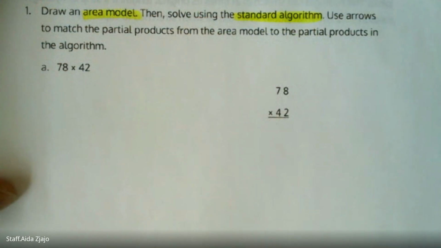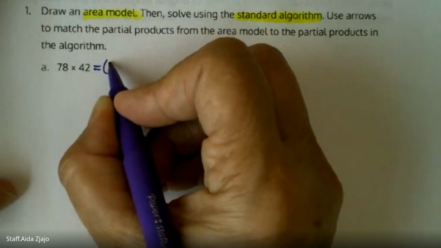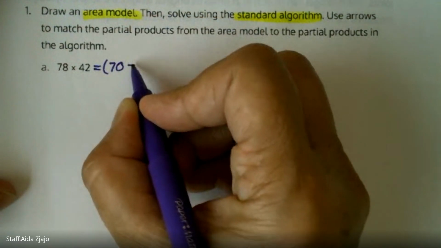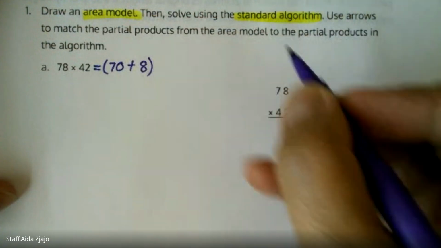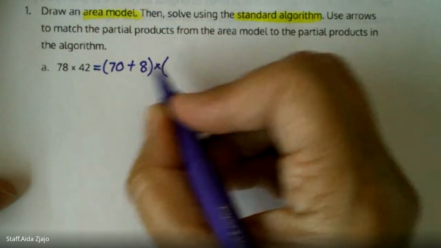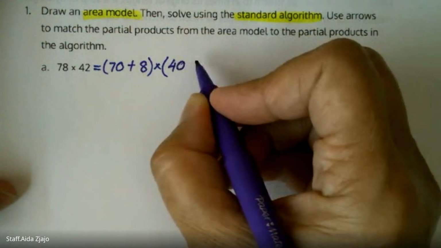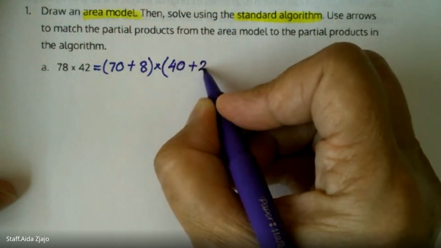Here, if you're going to decompose or unbundle 78, you're going to need 70 plus 8. Times, if you're going to decompose 42 into 4 tens, 40 plus 2.